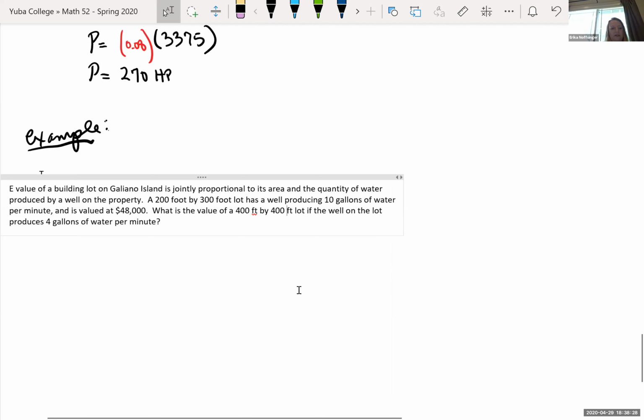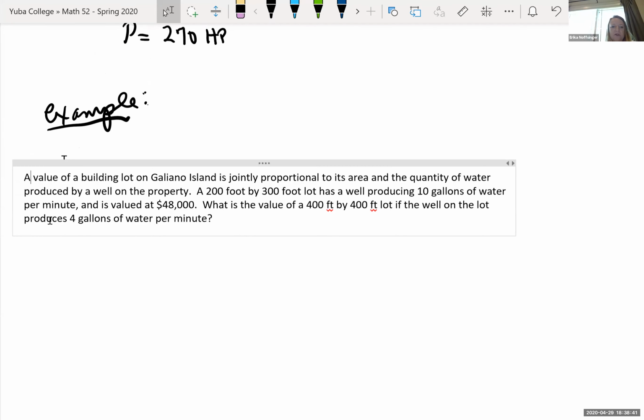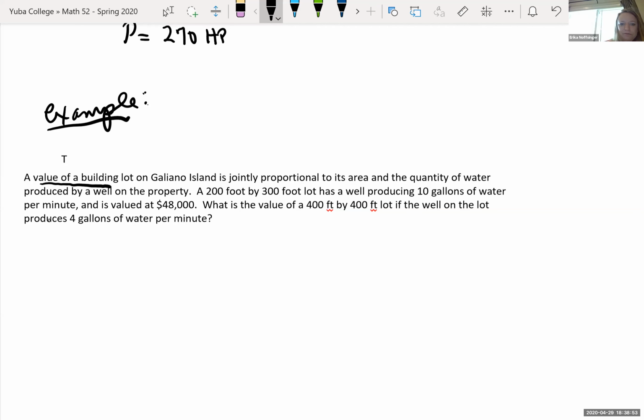Okay, so we need to start, it doesn't give us the variables. We want to set up variables. So the value of a building on this island is jointly proportional. So maybe V for value is equal to, we always need K times.